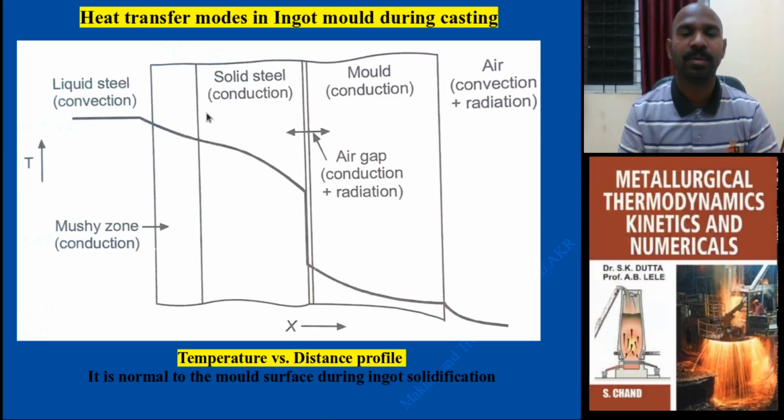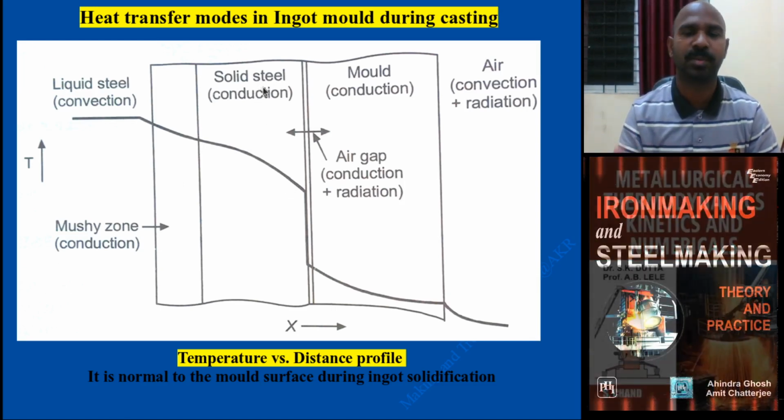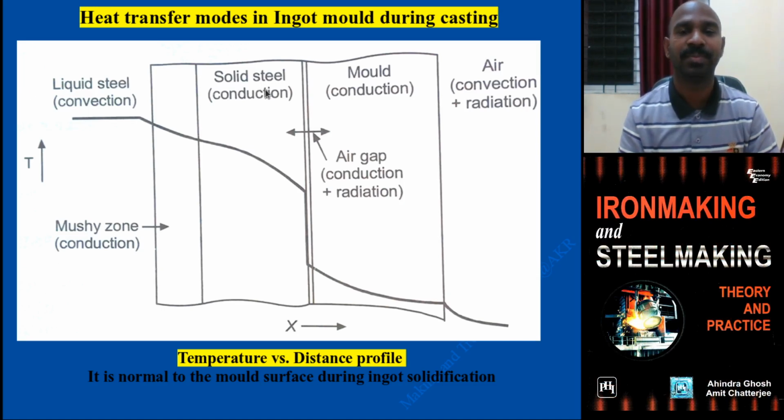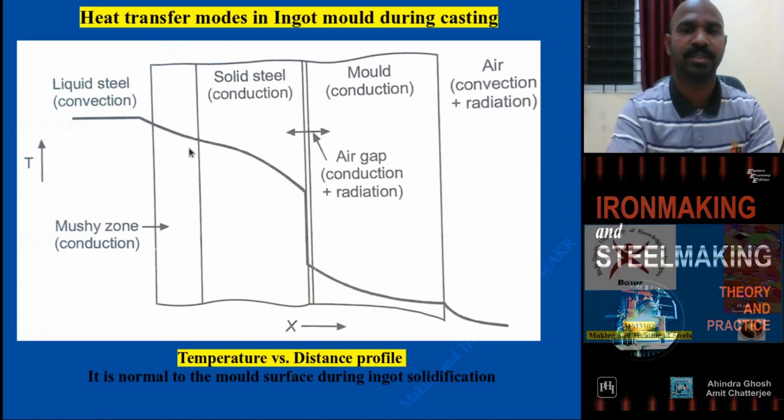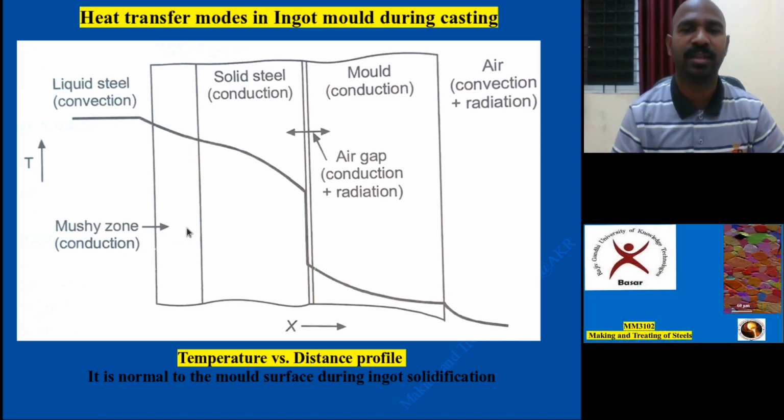After complete solidification we call it solidified steel, and the heat transfer within the solidified steel is conduction. In between, that particular zone within the mold is the mushy zone. It is the coexistence phase of liquid and solid.